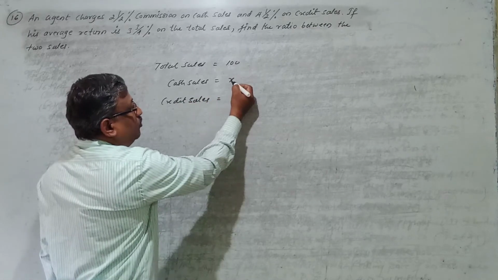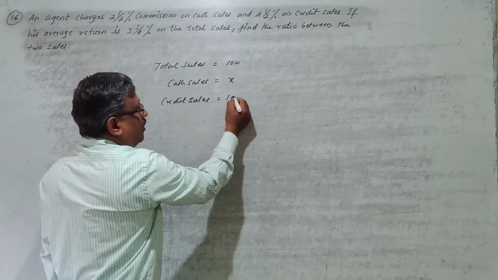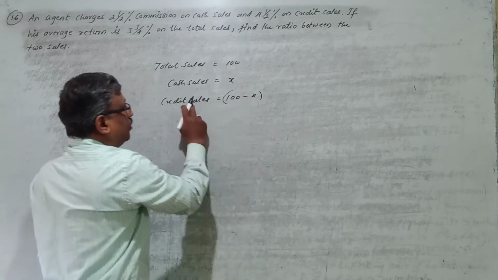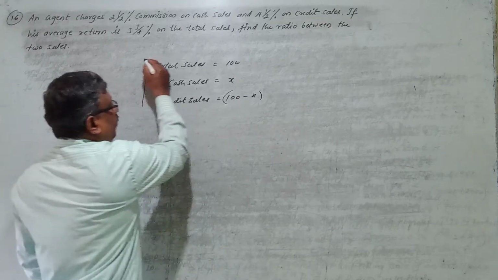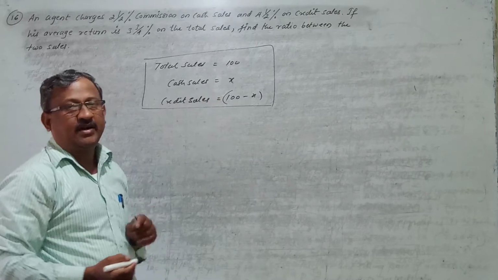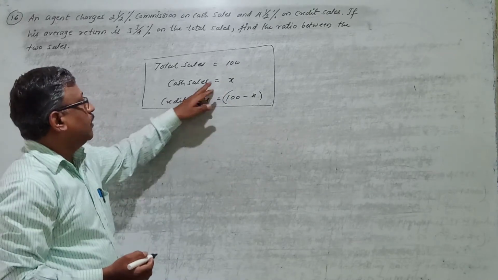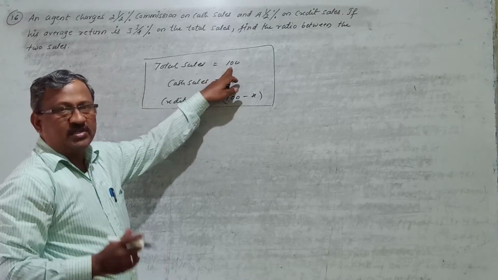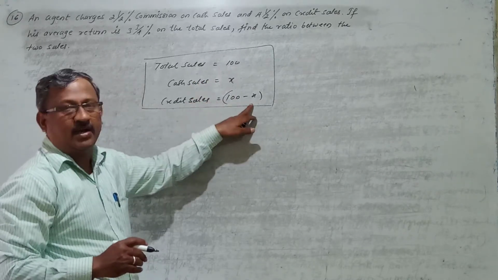From total sales you minus cash sales. So from 100 rupees you minus X rupees, 100 minus X. The remaining is called my credit sales. So like this, you will come to know your cash sales and credit sales if your total sales are 100 rupees. What do you have to do? Assume your total sales as 100. Out of that, assume your cash sales be X. Then credit sales will be 100 minus X.